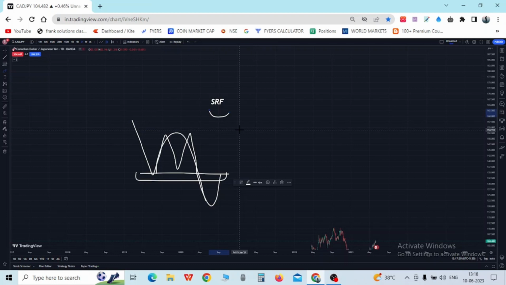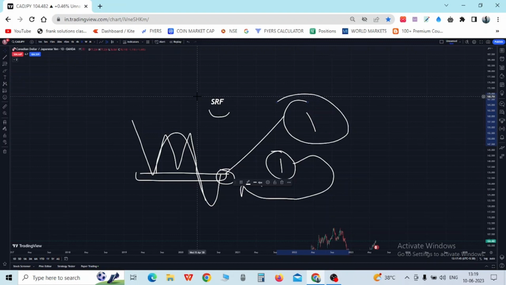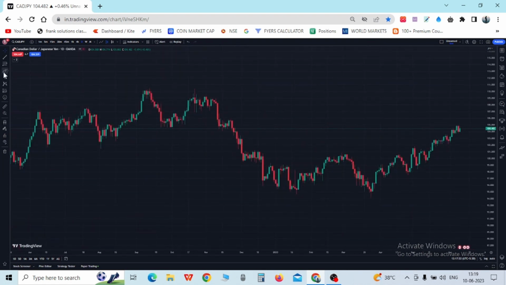What do I mean by unmitigated SRF? I mean an SRF that has been touched only one time. Once it is touched again, it will not work properly the way it works the first time. Compared with the breaker, it becomes more logical. Let's say now the breaker, I told you this was the range of the breaker.